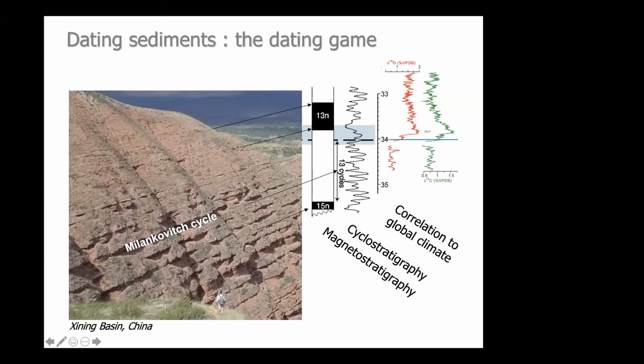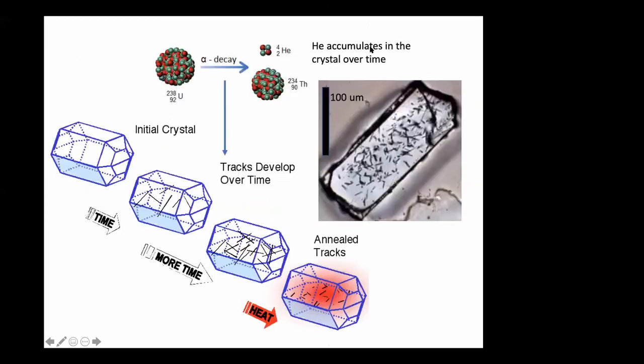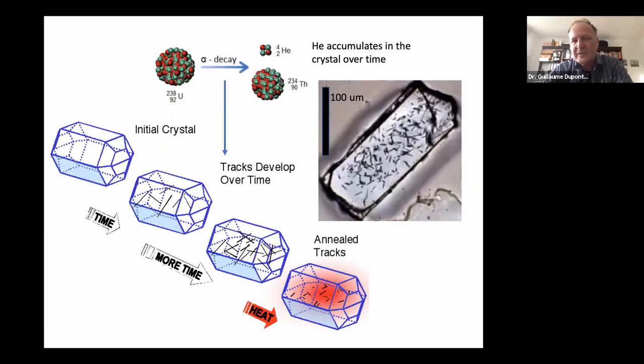Yeah, I just wanted to say that I just heard from a fellow student, Jan, that the C14 method is not working, because the C14 method is only working until 50,000 years. So that's why you have to look at the radioactive isotopes. Exactly.